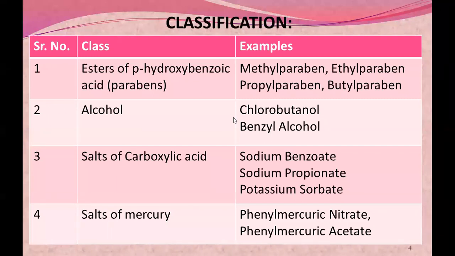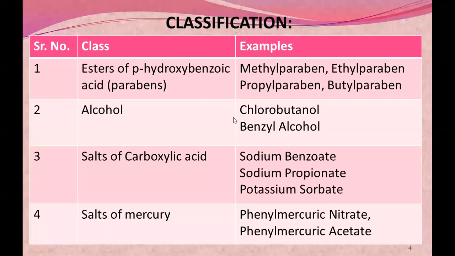Paraben: immediately it should come to your mind that ben is benzoic acid, para means hydroxyl group at para position, and it is a methyl ester of para-hydroxybenzoic acid. Very simple. So only four parabens are there: methyl, ethyl, propyl, butyl. Okay. So carbon number 1, 2, 3, and 4.